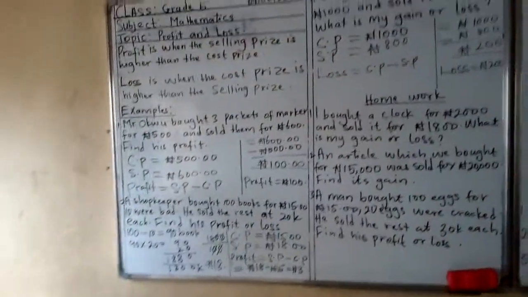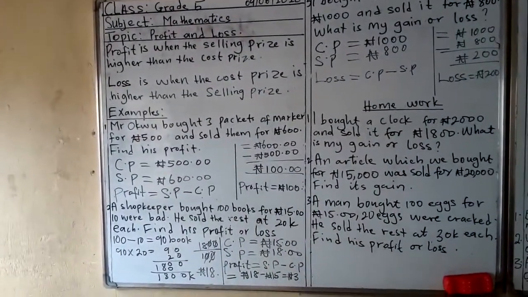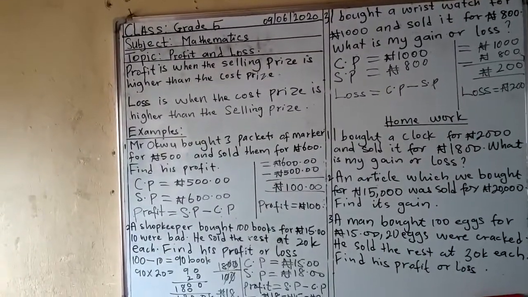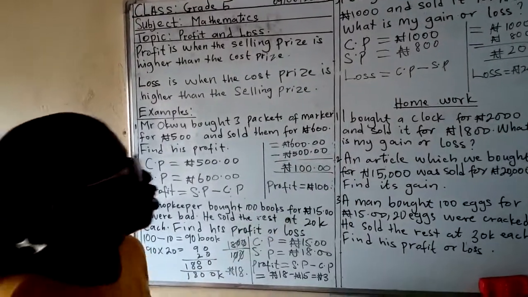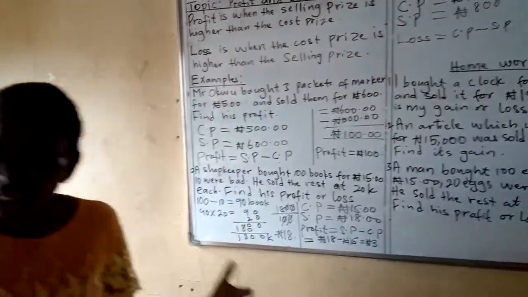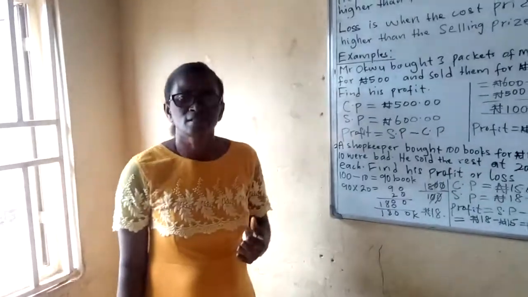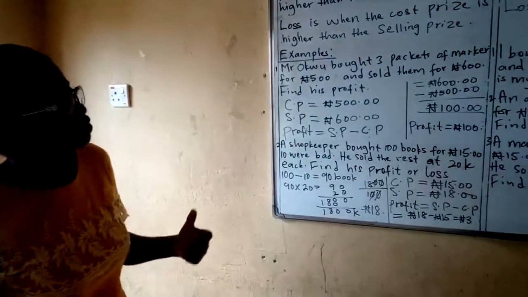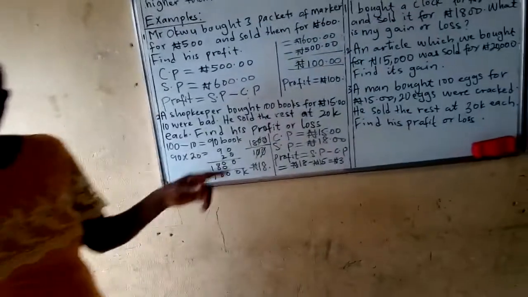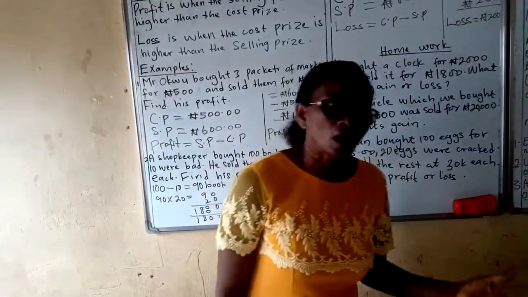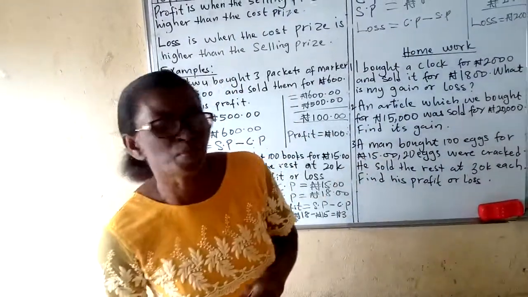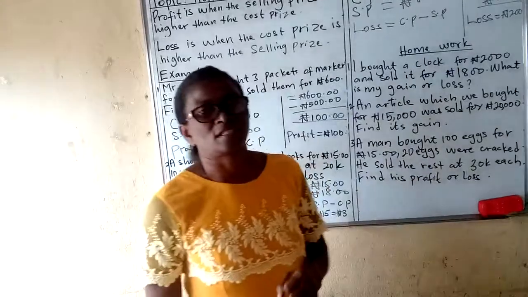So children, you can now see that in example 3 I made a loss of 200 naira. Children, did you understand our lesson? Good. I want to ask you a question. Children, what is the difference between selling price and cost price?